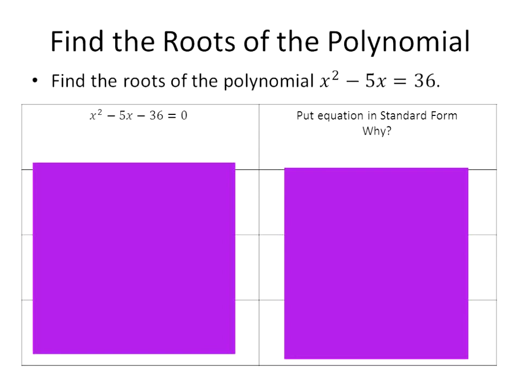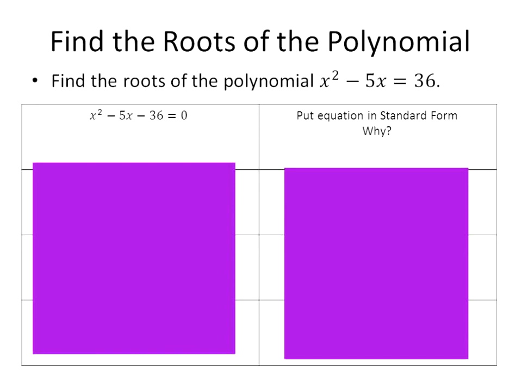Negative 36, one of the factors is positive, so one has to be negative, right? Negative 5. Two results I get to make 36.